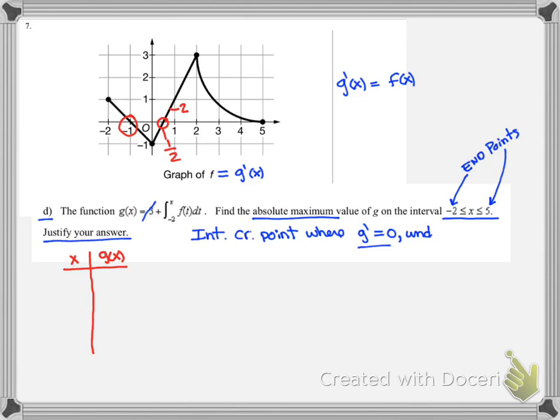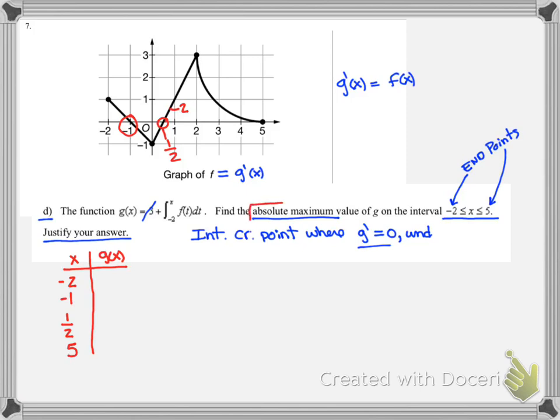So we should be looking at -2, because that's an endpoint, -1, because that's a critical point, 1/2, because that's a critical point, and 5, because that's an endpoint.